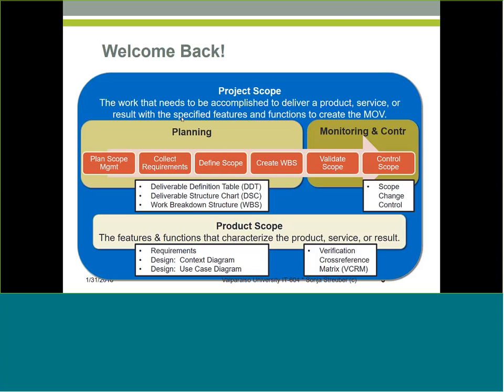Note also that the product scope here, the SDLC, which is what we use in order to achieve the product scope, is a branch of execution and monitoring and controlling. So in other words, it is a subset of the project management lifecycle.